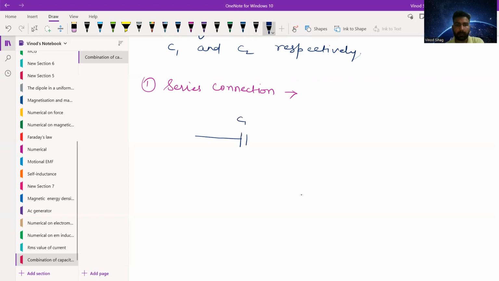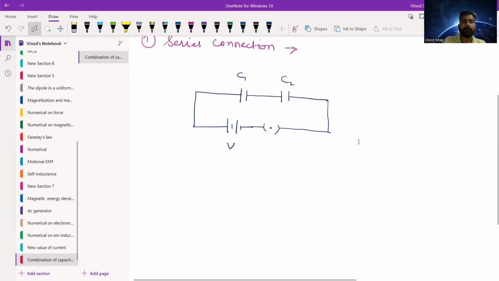Let's say it's C1 and the second capacitor with capacitance C2, and they are connected with the external battery with voltage V and a switch K. Okay, so that's how the combination will look like.